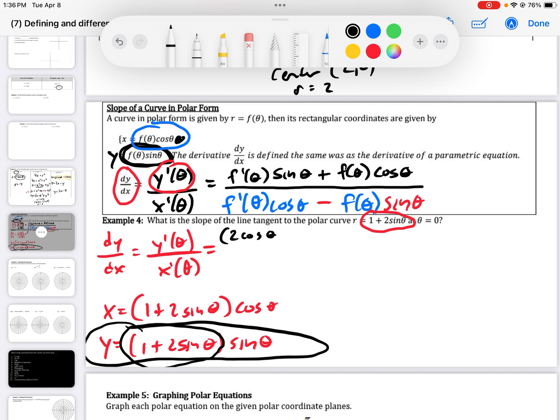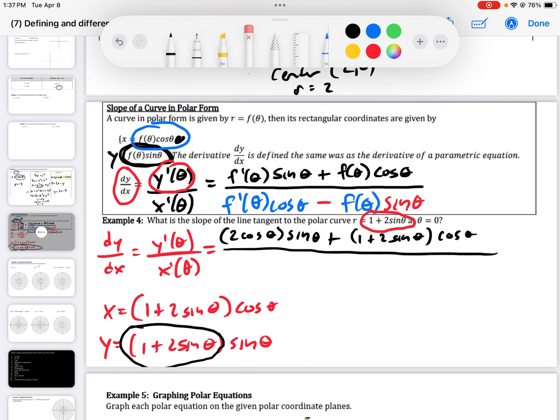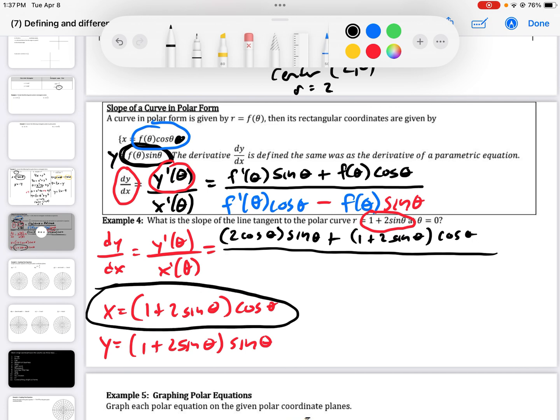The derivative of the first part would be what? 2 cosine of theta times the second part, plus the first part, just like it is, times the derivative of the second, all over the derivative of the x component. So I'm taking the derivative of this part.